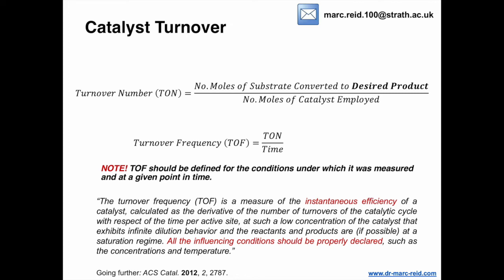Secondly, we have turnover frequency, TOF, which is defined as the turnover number, TON, divided by the unit of time. Please note the turnover frequency should be defined for the conditions under which it was measured and at a given point in time. These parameters help quantify the comparative efficiency of the catalyst, but they are often misused.